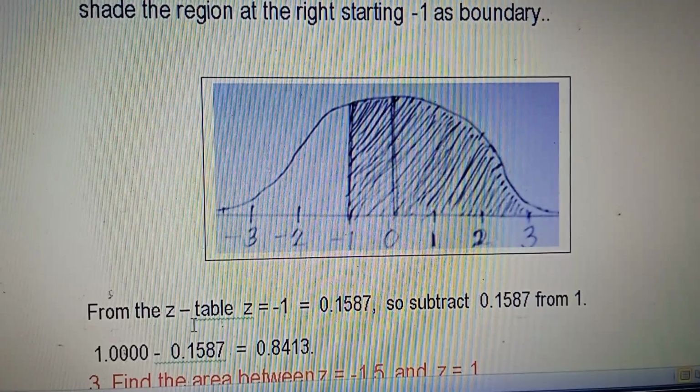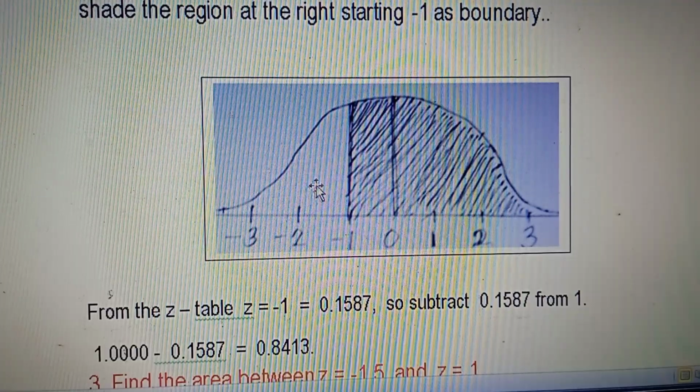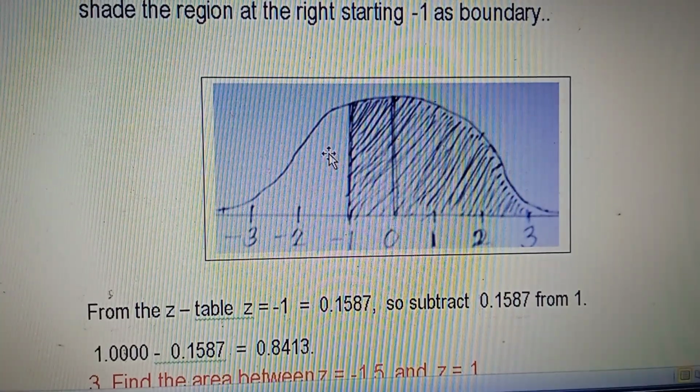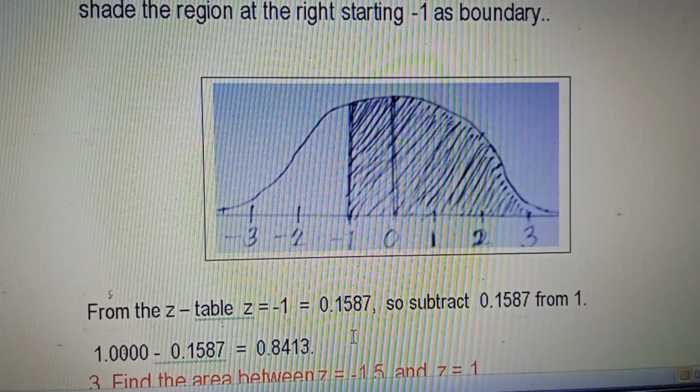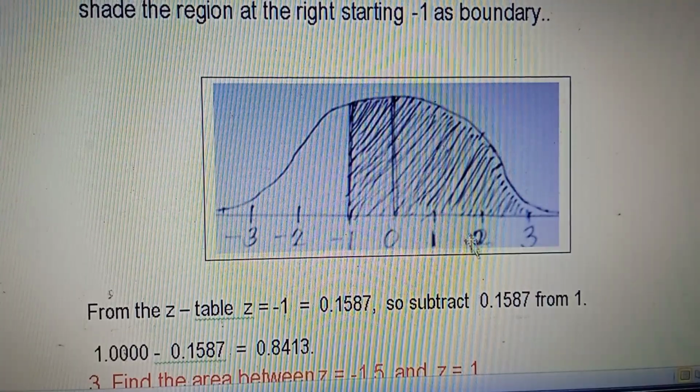So we just subtract this value for z equals negative 1, which is 0.1587, from 1, so that we get this area here.